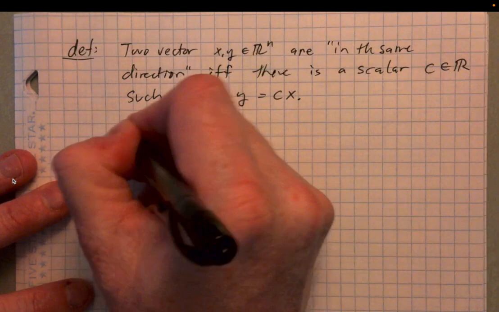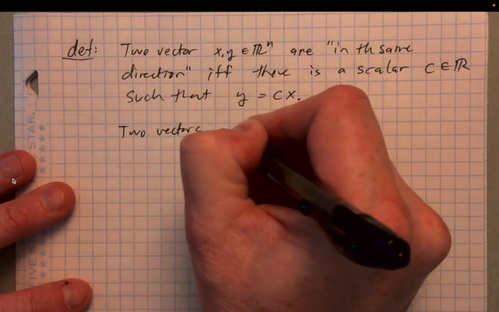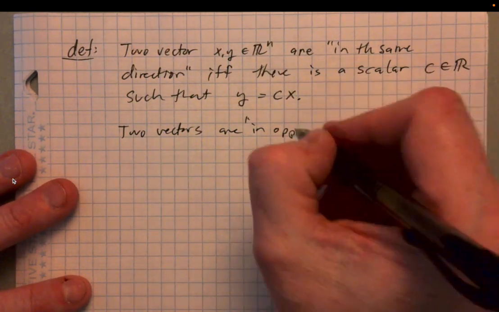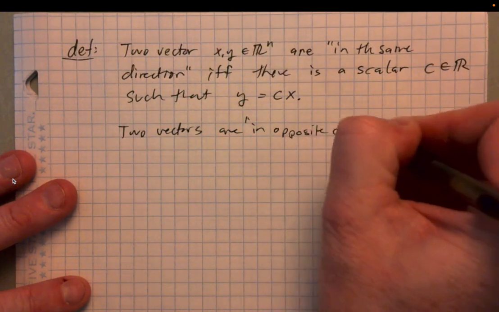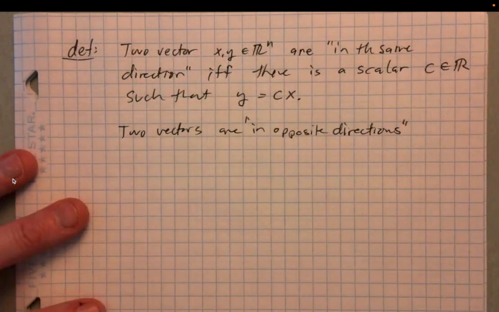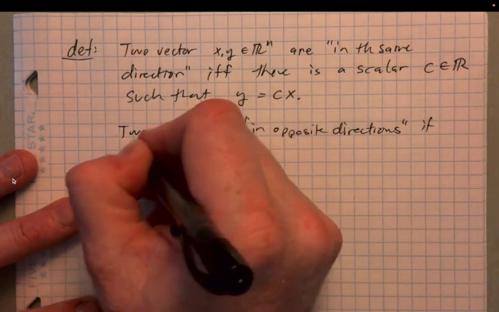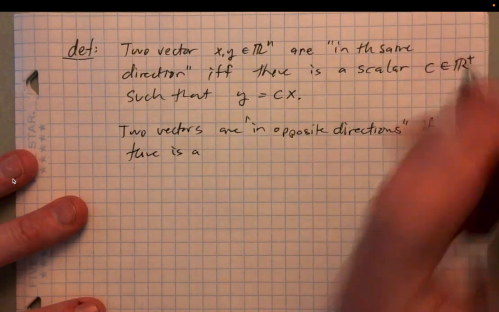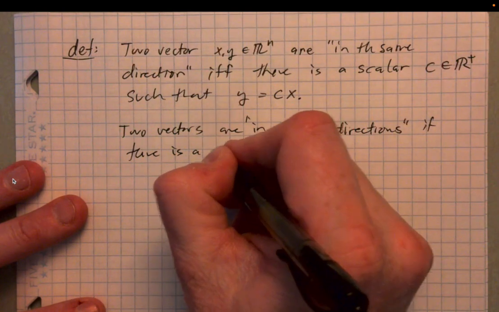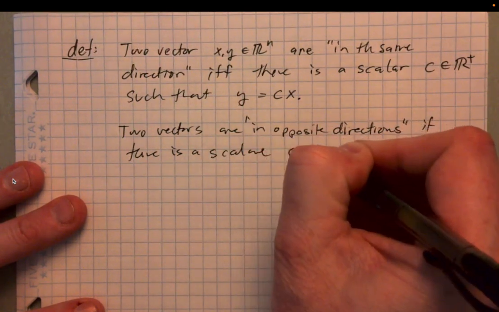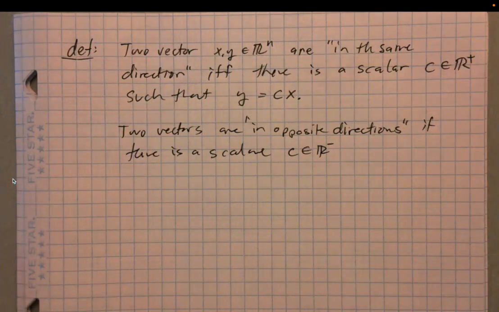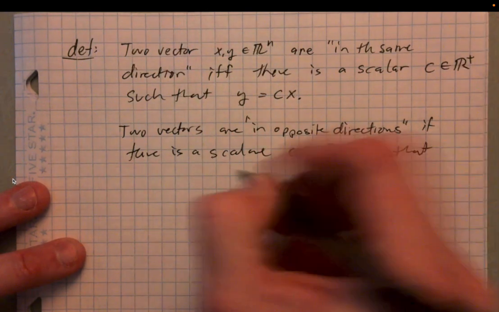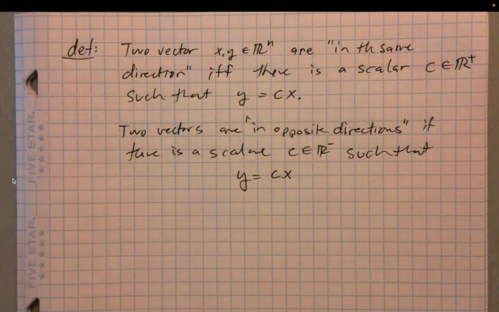Similarly, two vectors are in opposite directions if there is a scalar c in R minus, so a negative real number, such that y is equal to cx.